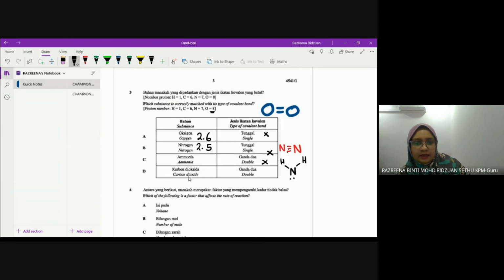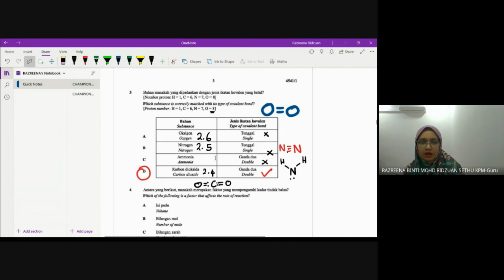And carbon dioxide, they form a double bond with oxygen, because carbon needs 4 bonds, so 2 pairs of electrons with each oxygen. So that's why the answer is D.